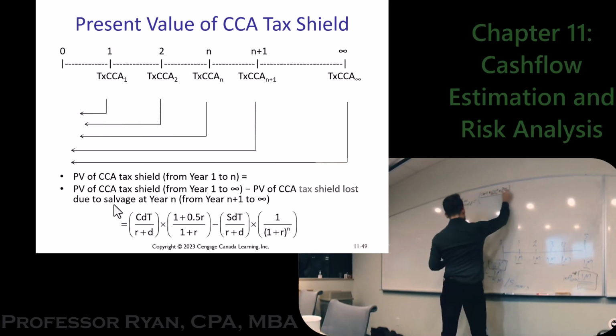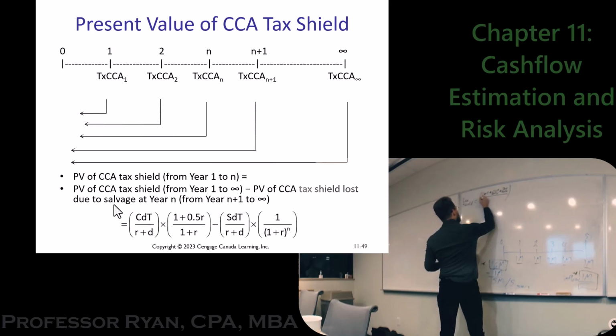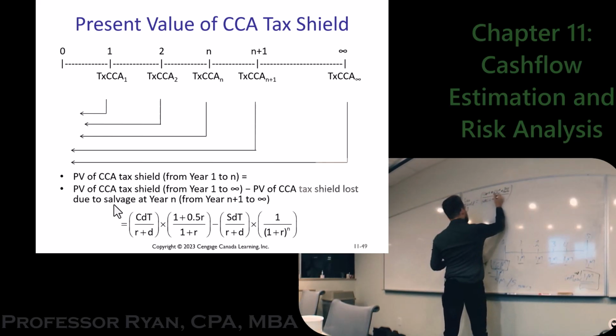Close the bracket, and then you divide that by your weighted average cost of capital as a percent, plus whatever your CCA rate is up here.